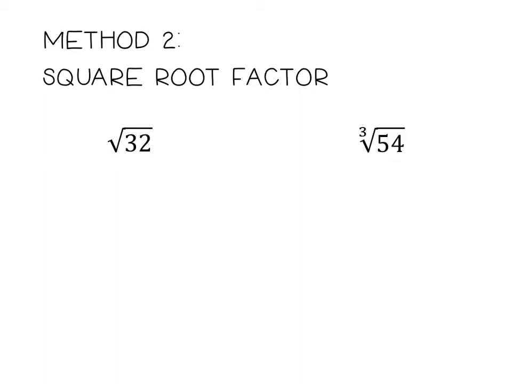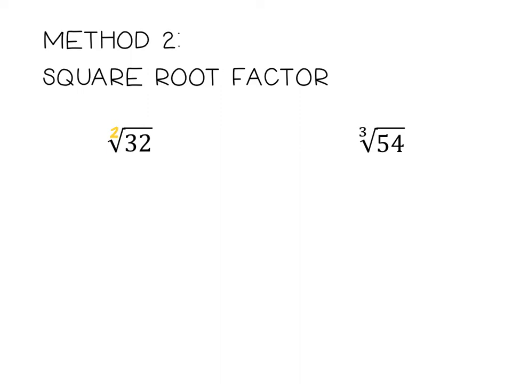Now you can practice using the square root factor, and then we will go over them. So looking at the square root of 32, I want to remember that that's an index of 2, so I'm looking for perfect squares.